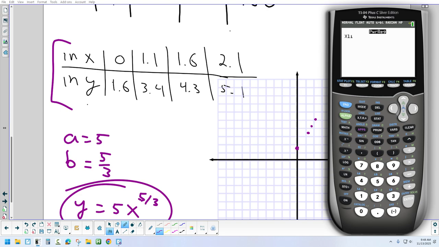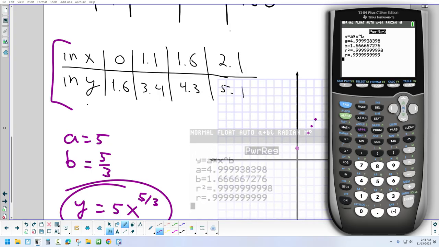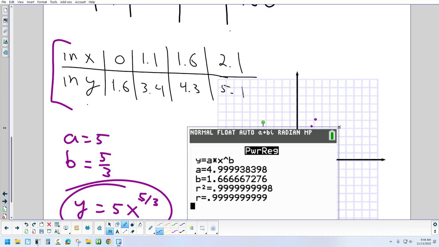You're going to see an extra piece of information now. It's still going to show you the A and the B, but it's showing you this R squared and R value. What these two numbers are is it's calculating how good your equation is for those points.